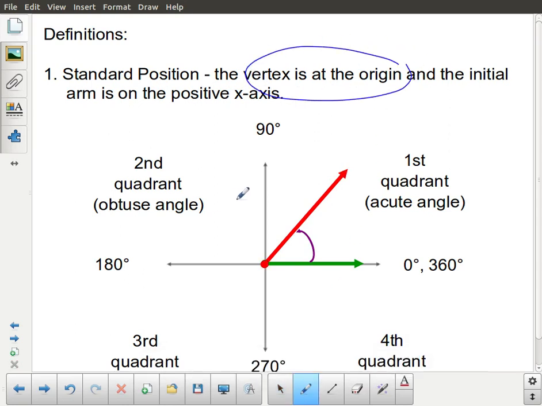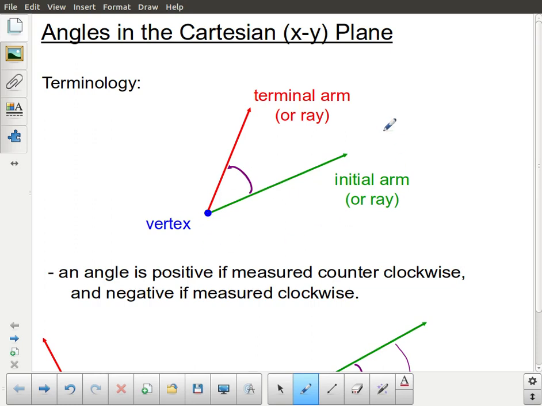That's the first part. And then the initial arm is on the x-axis. So the previous diagram that I showed you, this is not standard position because I haven't specified where the origin is. And also, even if, let's say I put the origin here with an x and y axis, that is still not standard position because this initial arm is not along the x-axis.